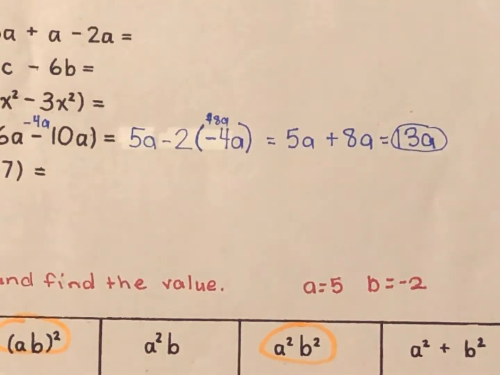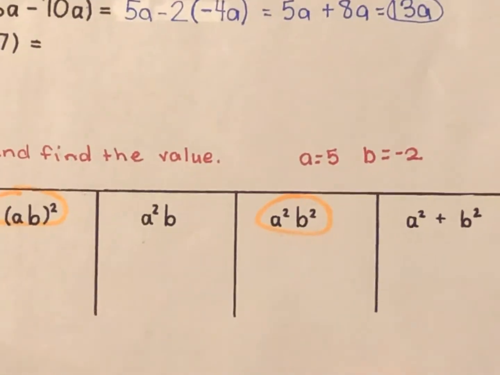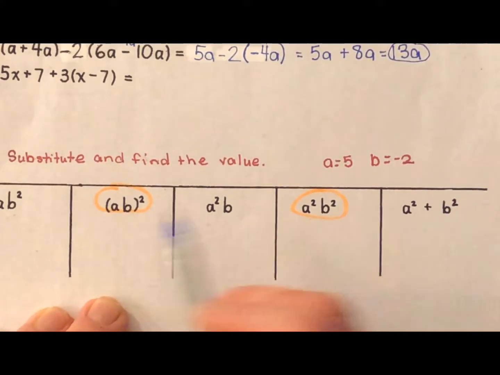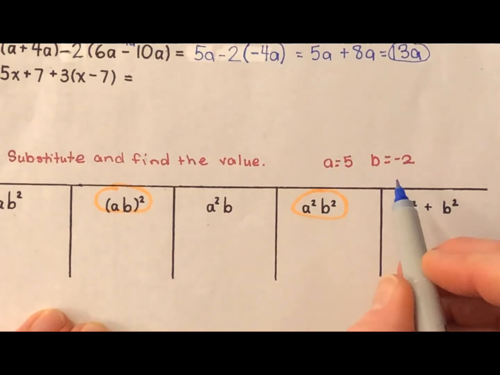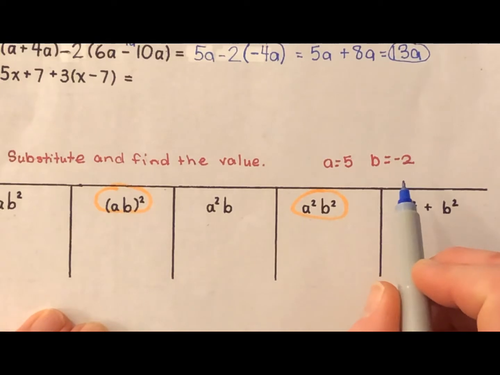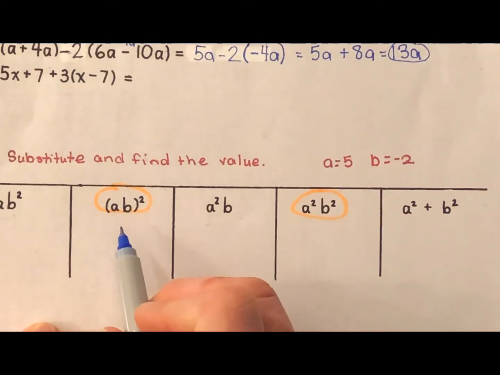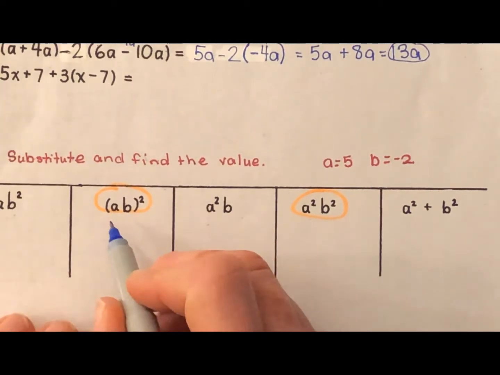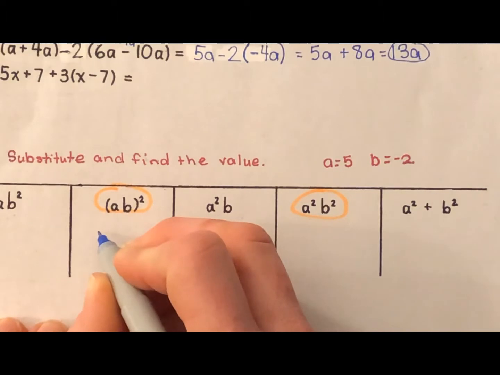Let's go down to the bottom. It says to substitute to find the value. We're going to substitute 5 for a and negative 2 for b. I like to put negative integers in parentheses, and this already has parentheses. So I'm going to have a bigger set of parentheses for this. Watch what I do.